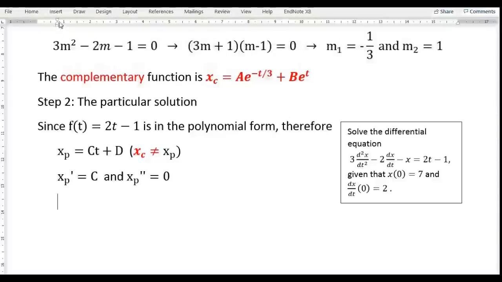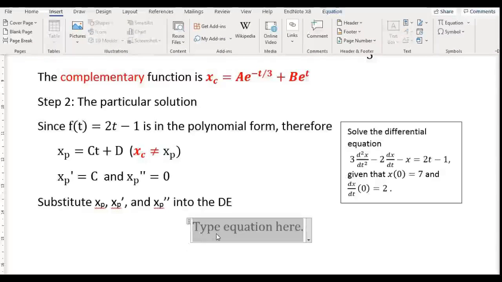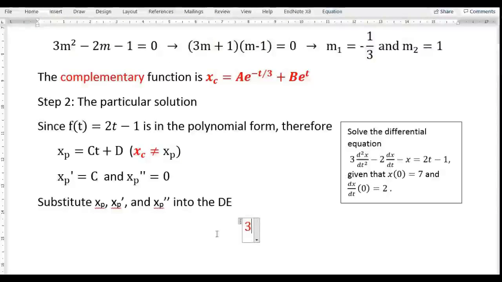The next step is we need to substitute the expression. So if we look here, we have 3 multiplied with x double prime. Since x double prime is 0, we have 0 for that part. So 3 times 0 minus 2 times x prime.